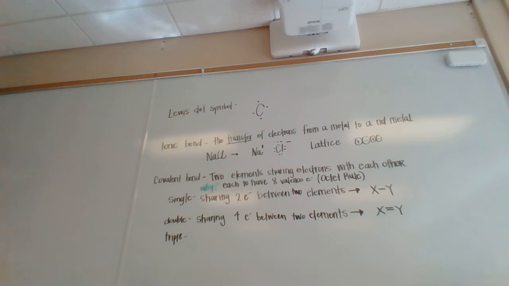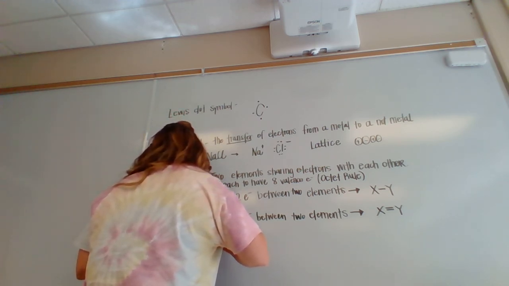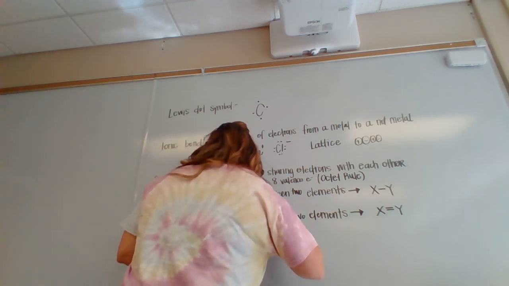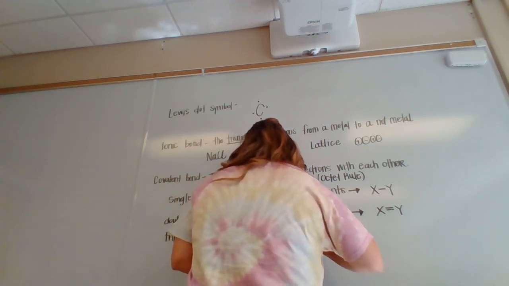Then the last type of covalent bond is a triple bond, and it is sharing 6 electrons between 2 elements.